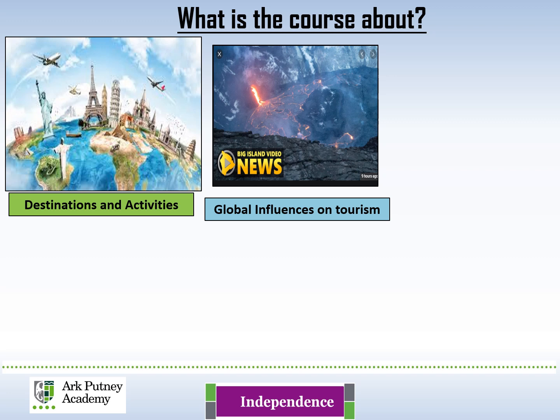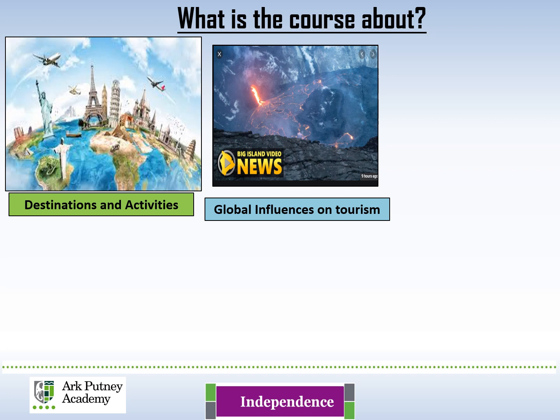A second category would be the political influences on tourism. So that would be anything like war or civil disturbances, rioting. Political can also be down to what politicians and leaders decide to do to limit the numbers of people coming into their country. So for example, bringing in stricter visa restrictions or rules about passports.